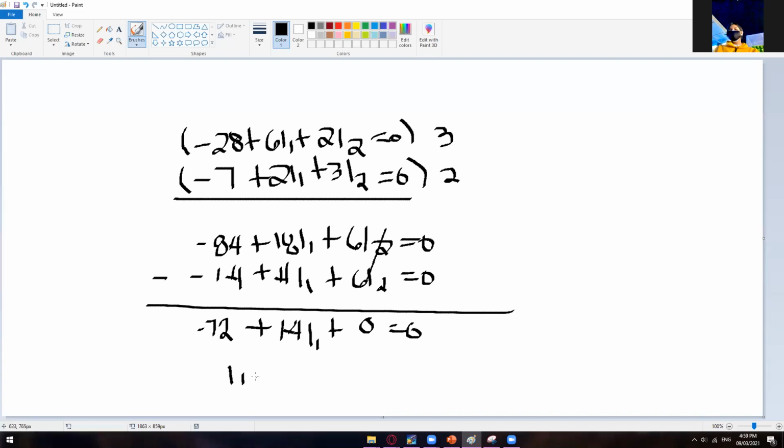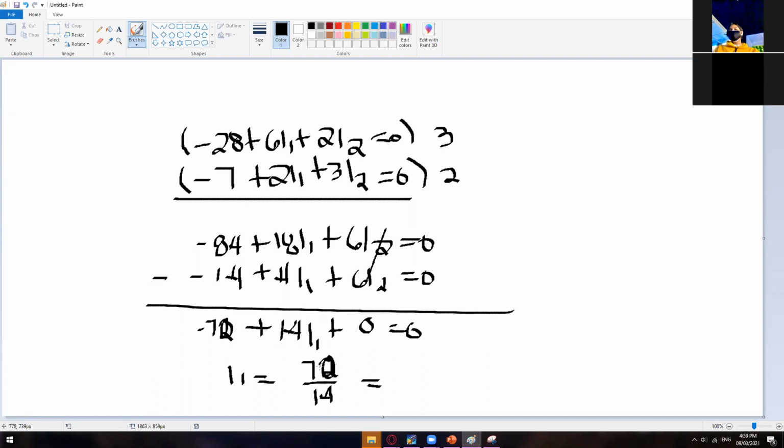So from here, you can now simplify this a little more, wherein it will give you I sub 1 is equal to negative 70 divided by negative 14. Sorry, this was supposed to be 70, not 72.